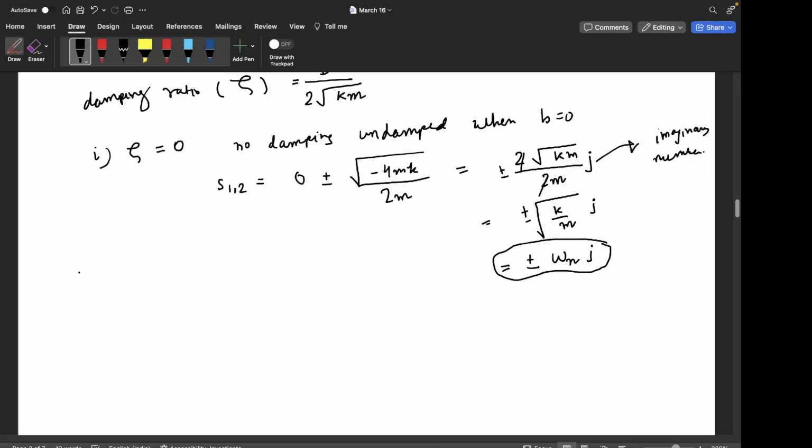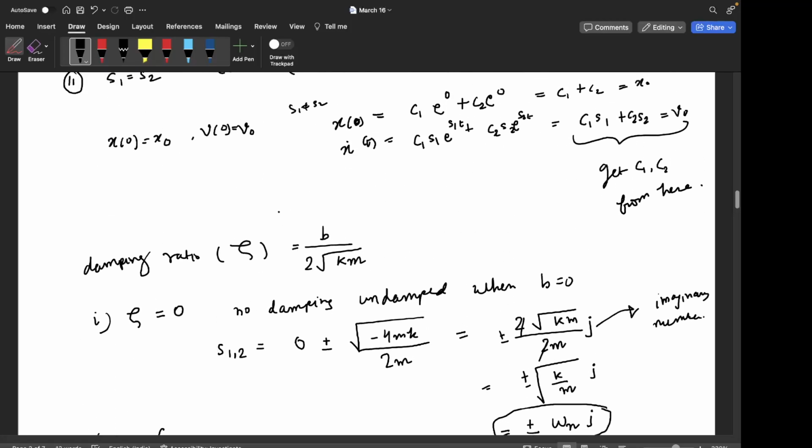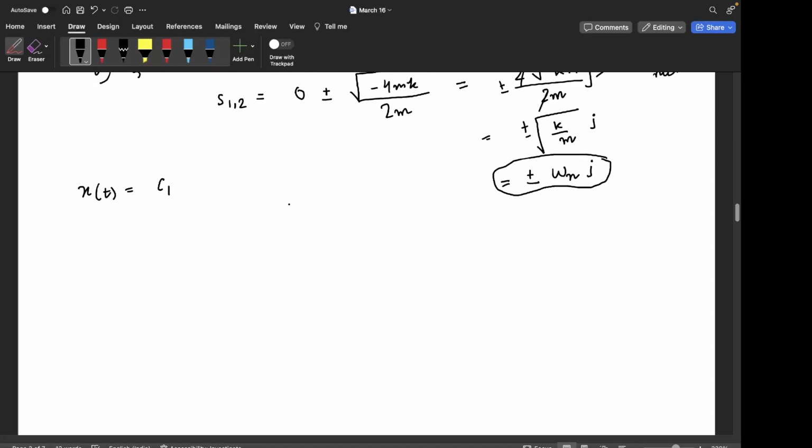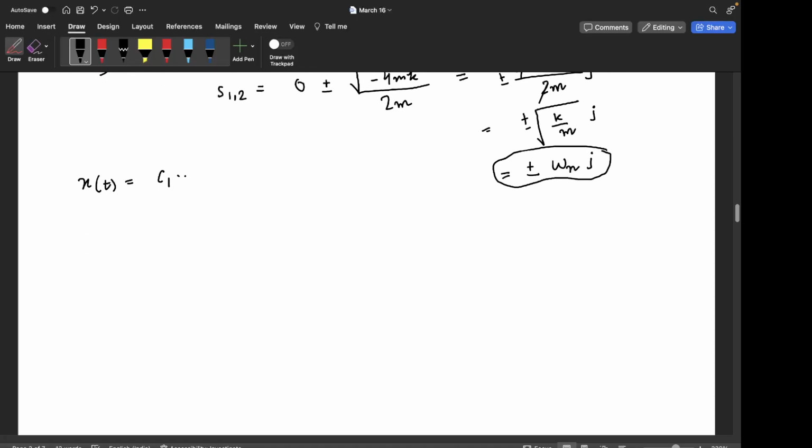So the response in this case is C1 e to the power s1 t, so it will be e to the power j omega n t plus C2 e to the power minus j omega n t. This is the response for b equal to 0, the undamped case. Any doubts still here?